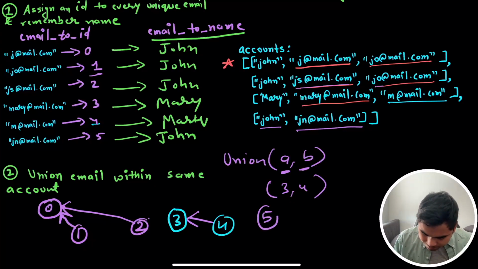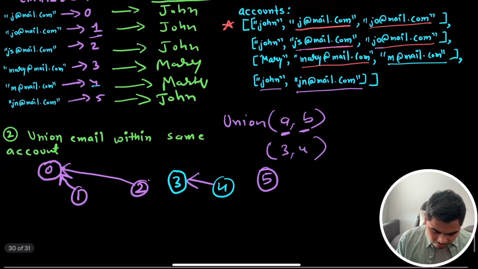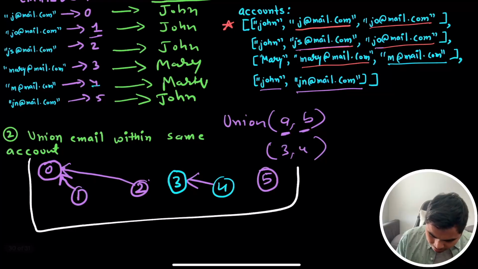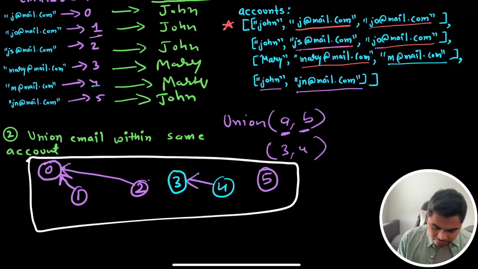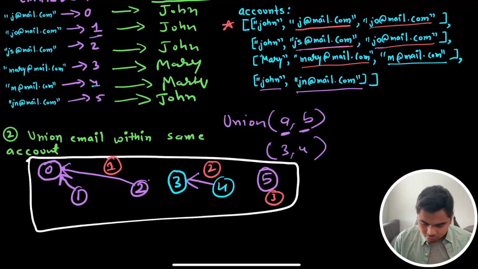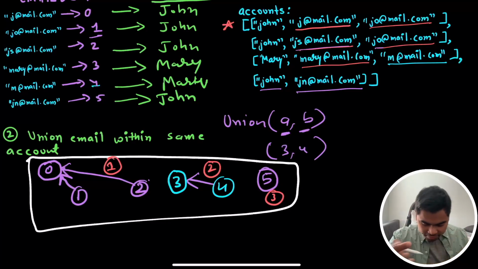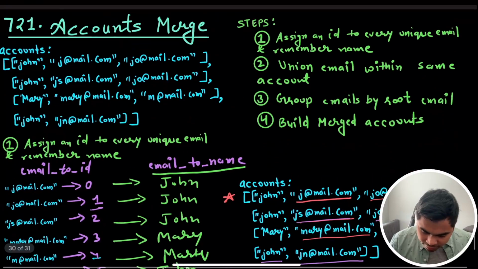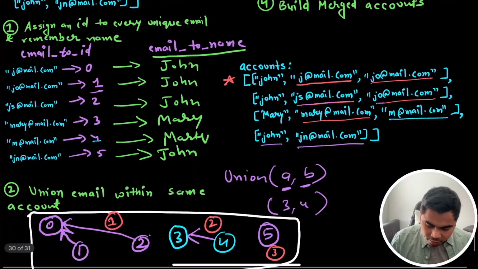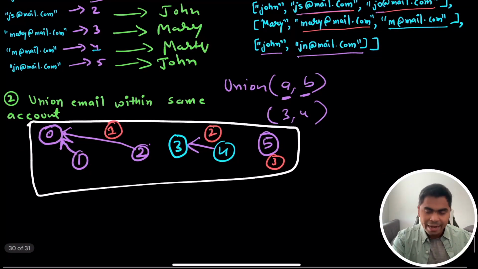So 5. All right, if you see right here, we have already created 3 different disjoint sets. This is 1, this is 2, and this is 3. That means we already have our answer with us. If you see the answer that we returned initially, although I've erased it, we had 3 different accounts.